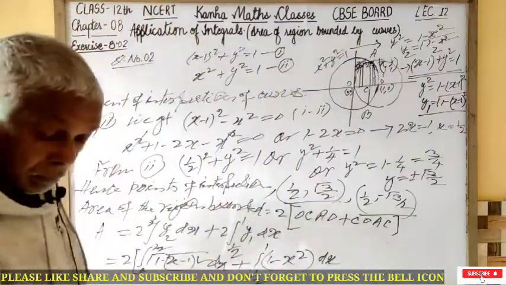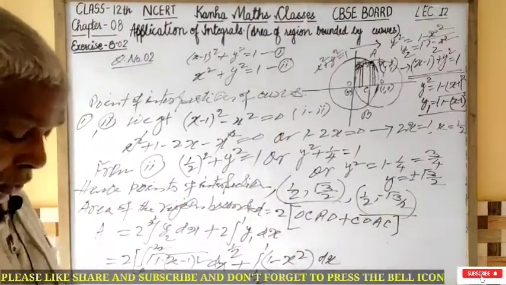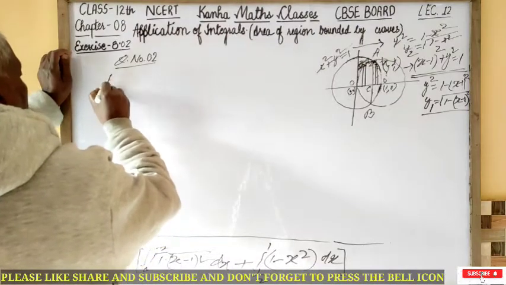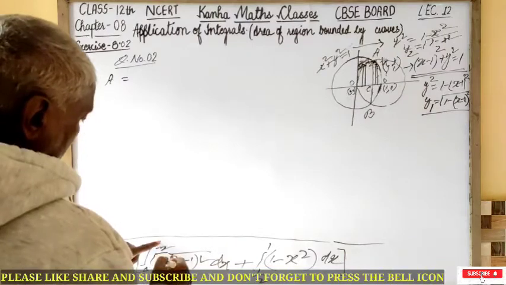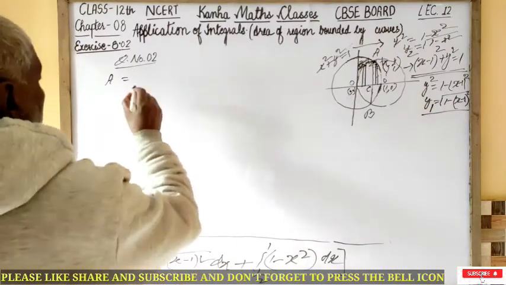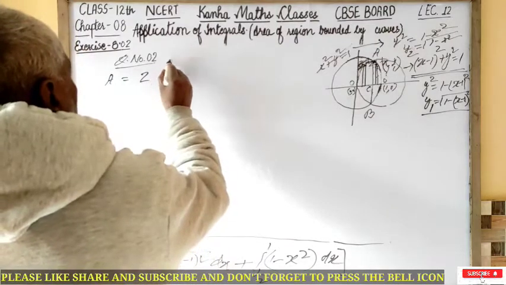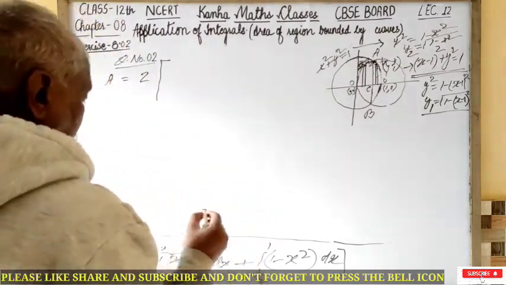Now, due to lack of space on the blackboard, we want to rub some upper portion of the area. A will be equal to 2 times the integral of root of a square minus x square dx.